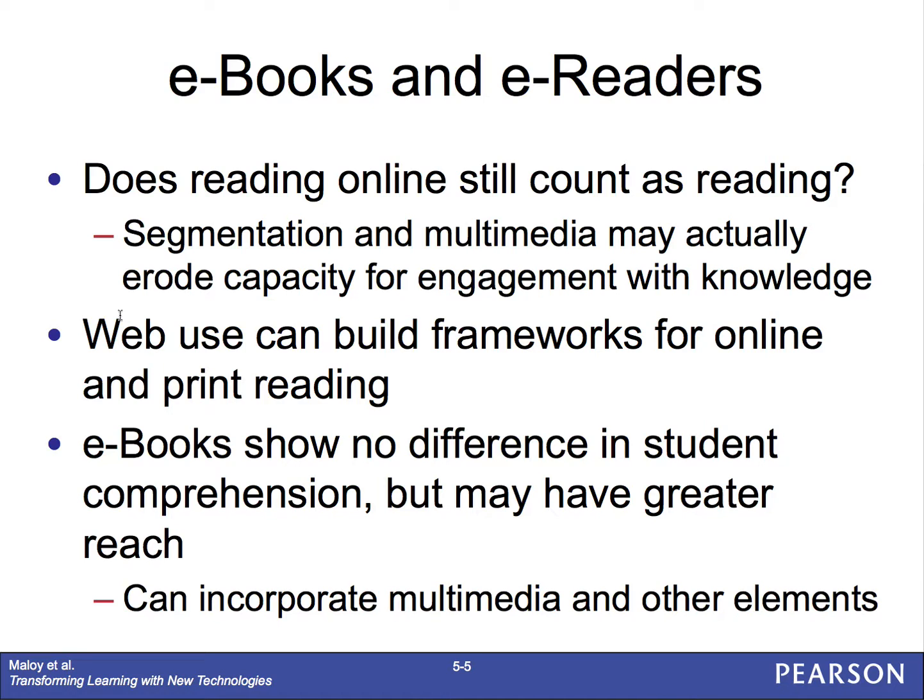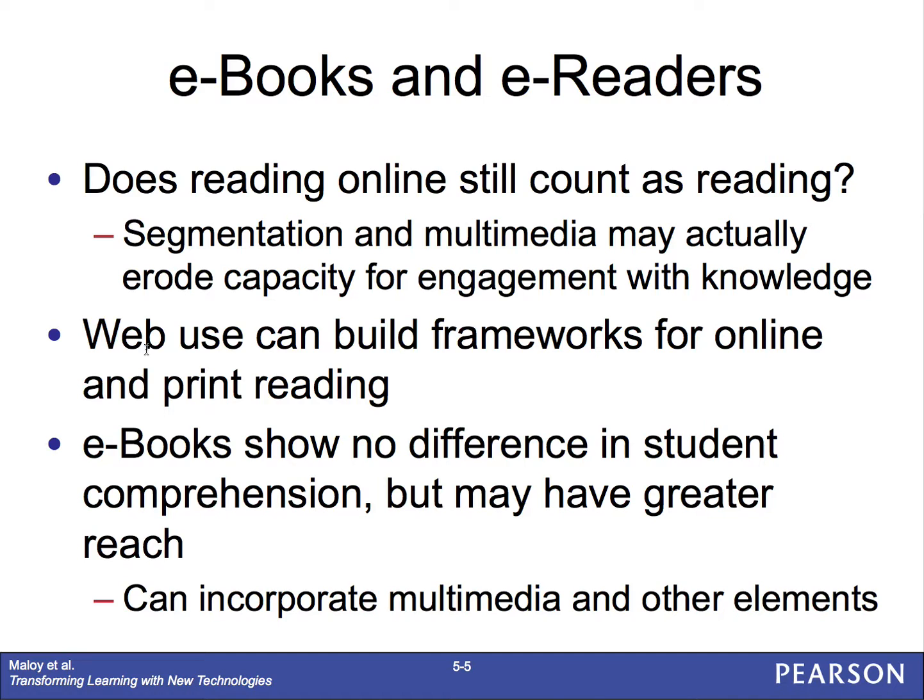They're saying segmentation of multimedia may actually erode capacity for engagement with knowledge. Well, if you're going to sites that have nothing but glitter, yeah, that's true. But web use can build frameworks for online and print reading.